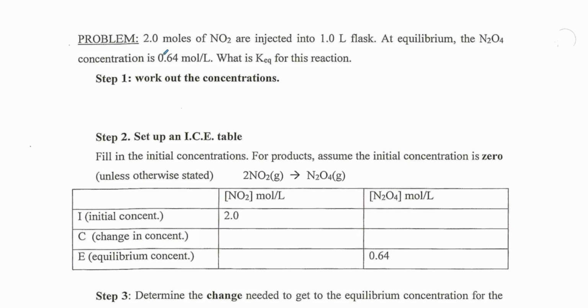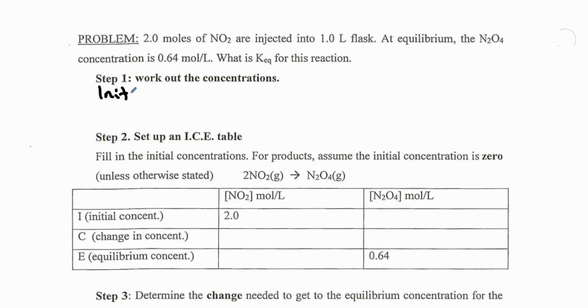Okay, so we are told the concentration at equilibrium for the N2O4. But for NO2, we're being told not even the initial concentration, but the initial amount and the initial volume. But from that, we can calculate the initial concentration of the NO2. So let's write that.